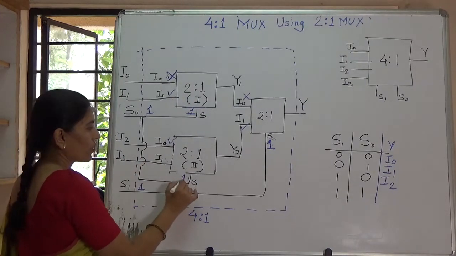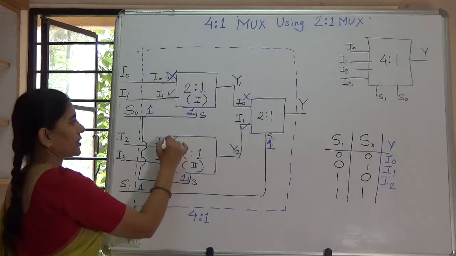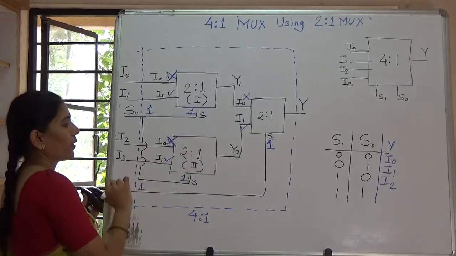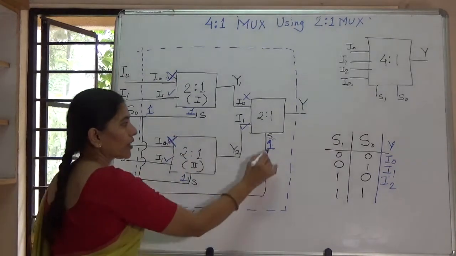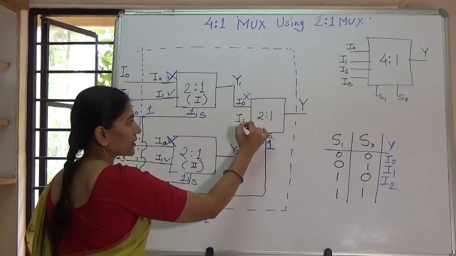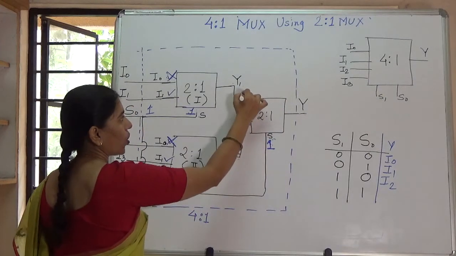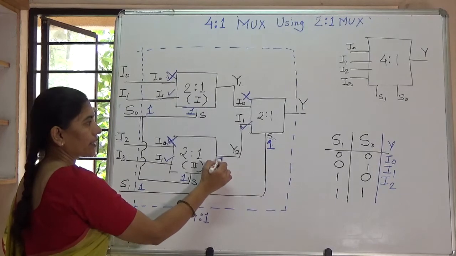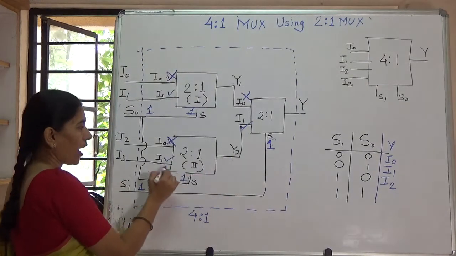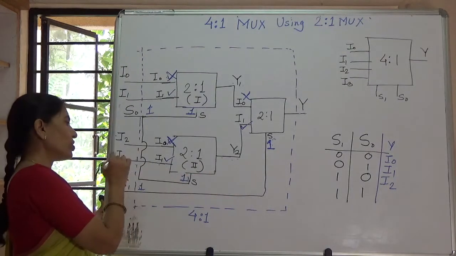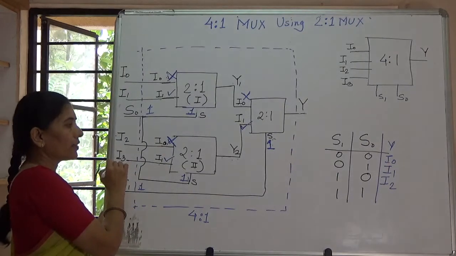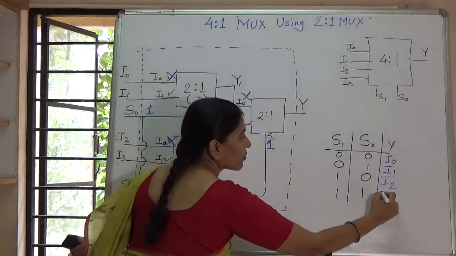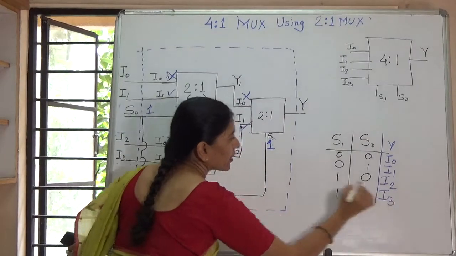Because S is 1 over here, again this line is selected and not this line. With this 1 going to the select of this, I1 will be selected and not this. And to this I1, Y2 is connected, and to this Y2 now this I1 is connected, which is now called I3. Therefore the output Y will now become I3.